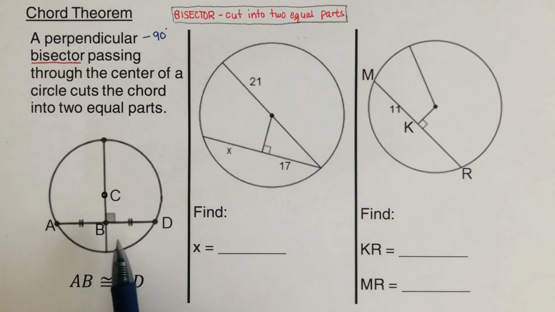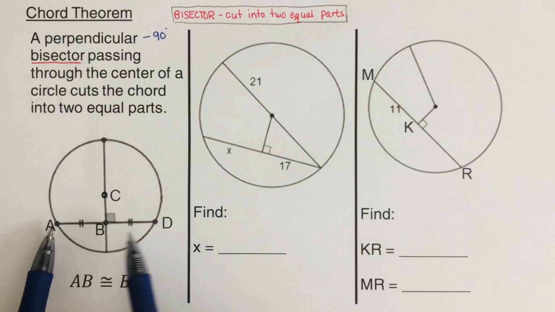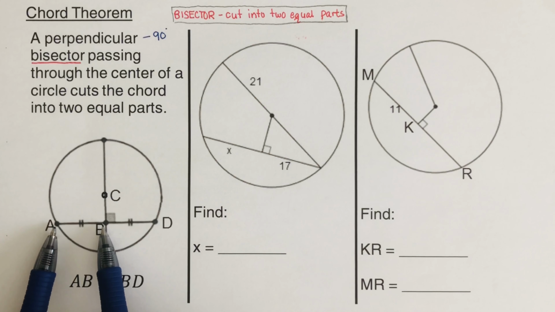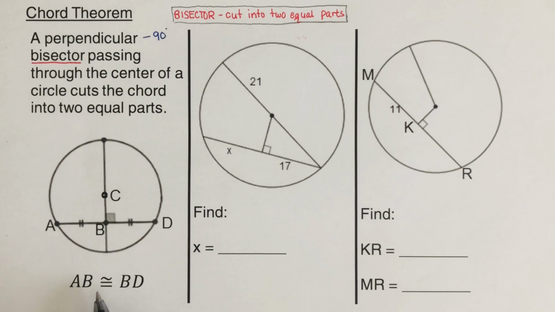And so it cuts AD into two equal parts. AB is equal to BD. That holds if and only if this CB, or BC, line segment forms a 90-degree angle when it crosses AD. So it has to be a 90-degree angle right here. That's when we can say that it's a perpendicular bisector.